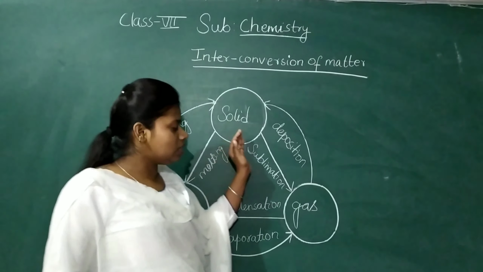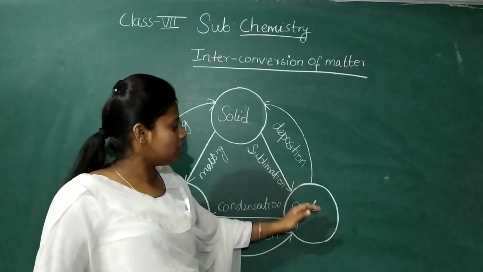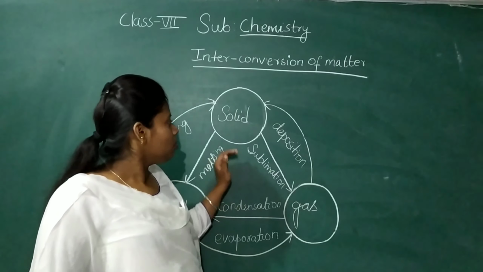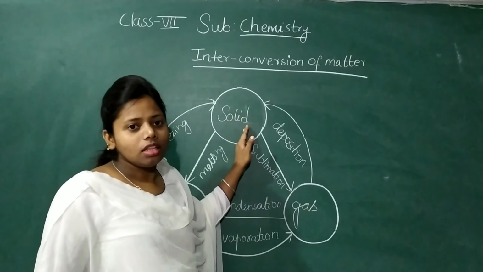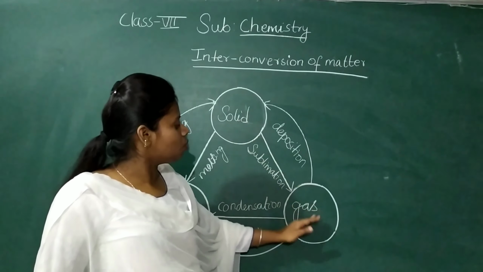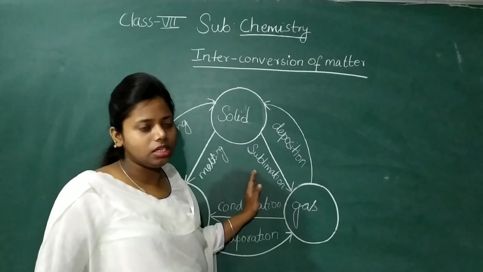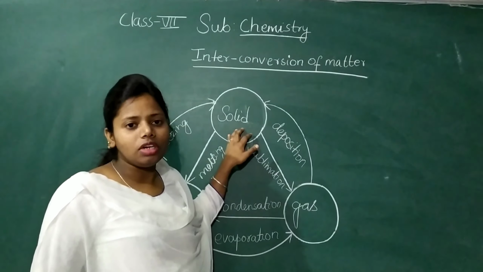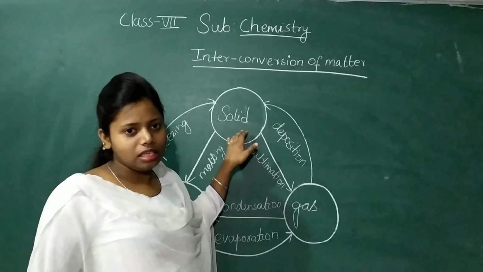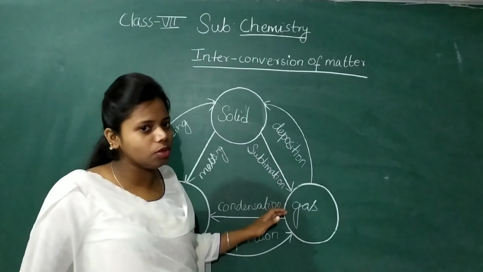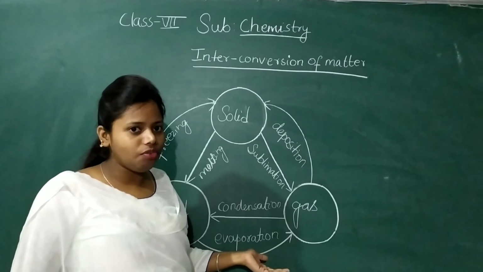Now let's see the case of solid state to gaseous state and gaseous state to solid state. When the solid changes to gaseous state, that process is called sublimation. For example, if you take a naphthalene ball in the solid state, you will see that it directly changes to gaseous state without going through any liquid phase.